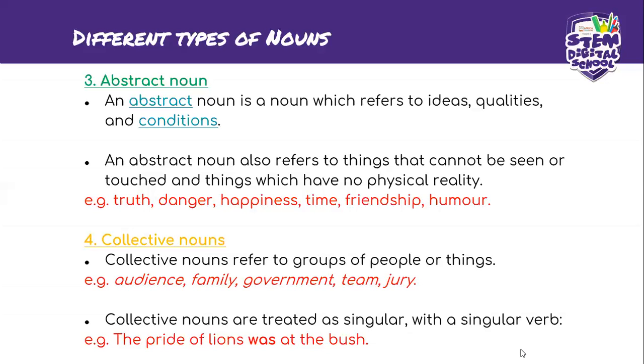You realize that the canister also has a weight. They will tell you that this is a 9 kg canister. So that 9 kg is the amount of air the canister can hold. Since it can be measured, it has a physical reality. And since it has a physical reality, air is not an abstract noun.